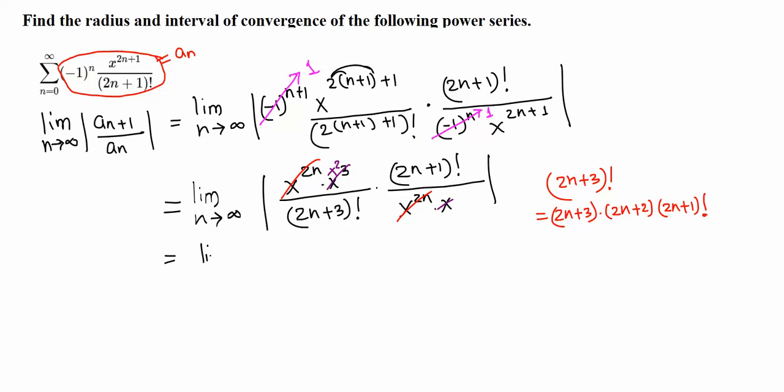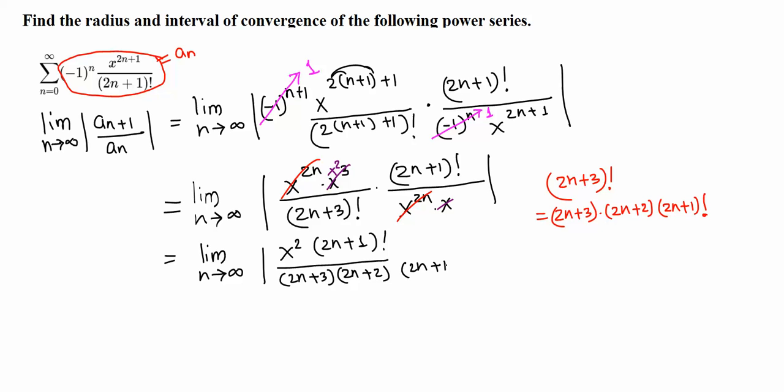So this is the limit as n goes to infinity of the absolute value of x^2 times (2n+1) factorial divided by (2n+3) factorial, which is in fact (2n+3)(2n+2) times (2n+1) factorial.